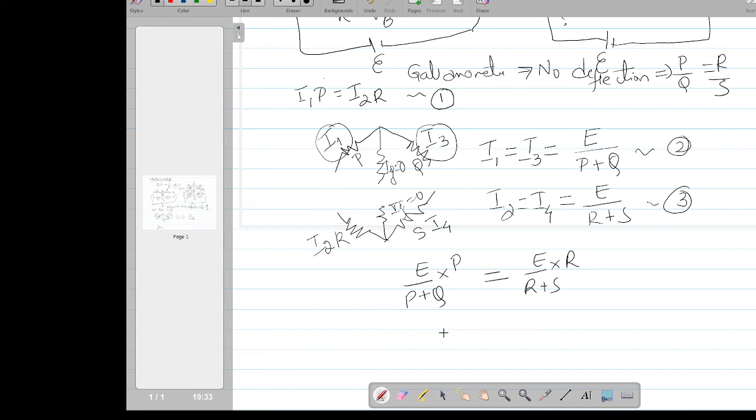So if we make a cross multiplication, E gets cancelled, and P into R plus S will be equal to R into P plus Q.